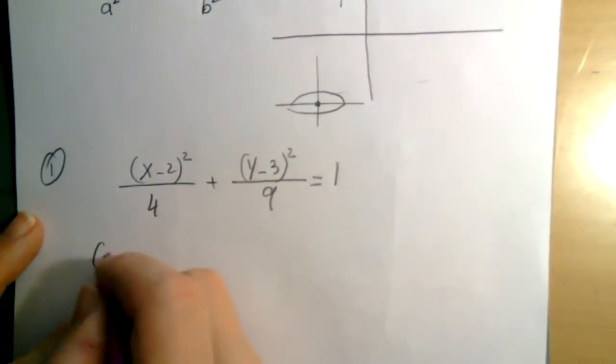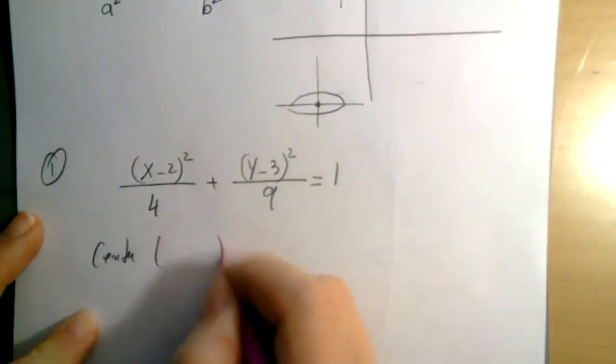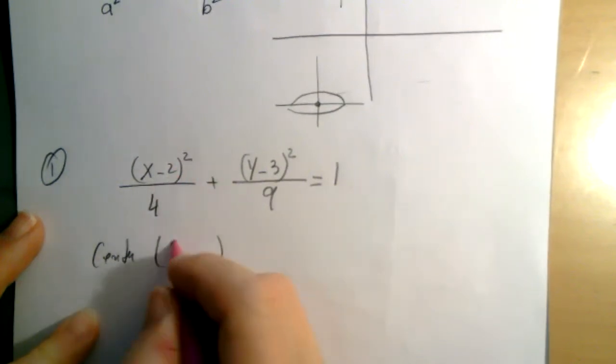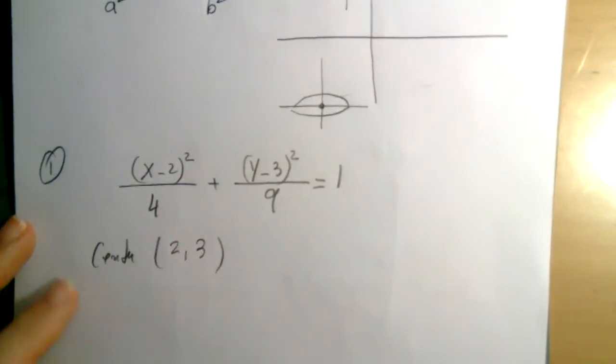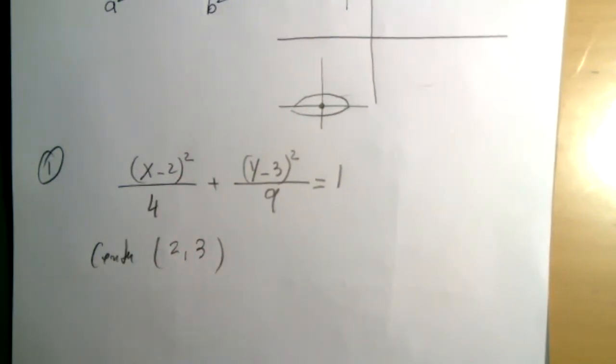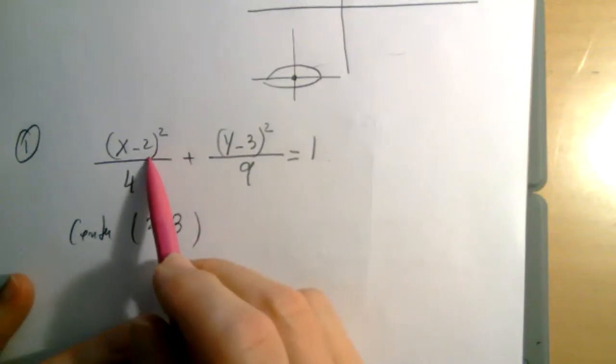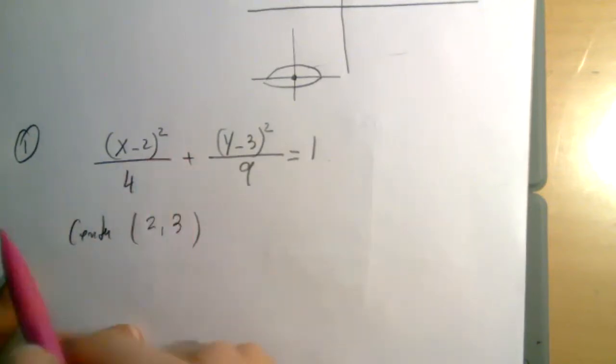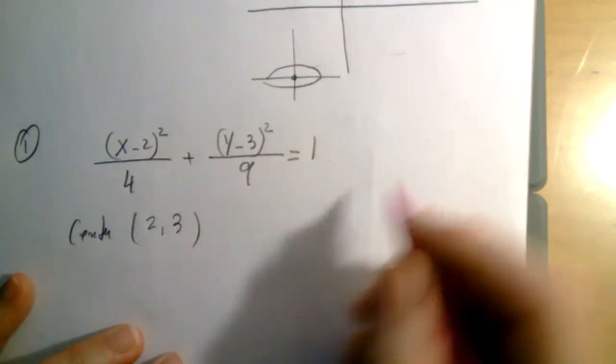And the center here is very easy, that's the (h, k). Now the questions usually are: find the vertices, find the foci, and sketch. So I want the whole picture. So basically, how would you view this? For me, this ellipse is the following.